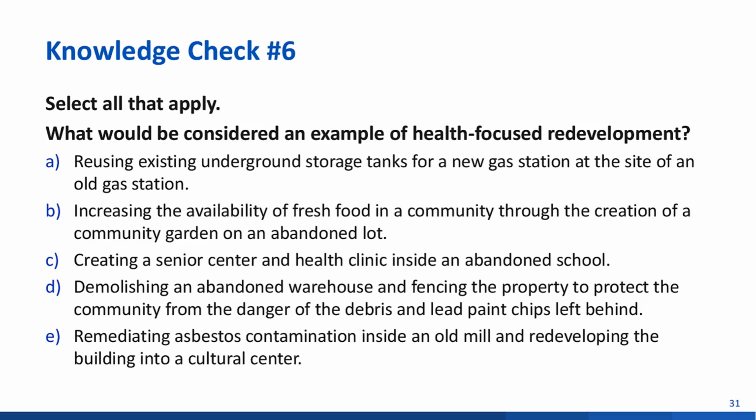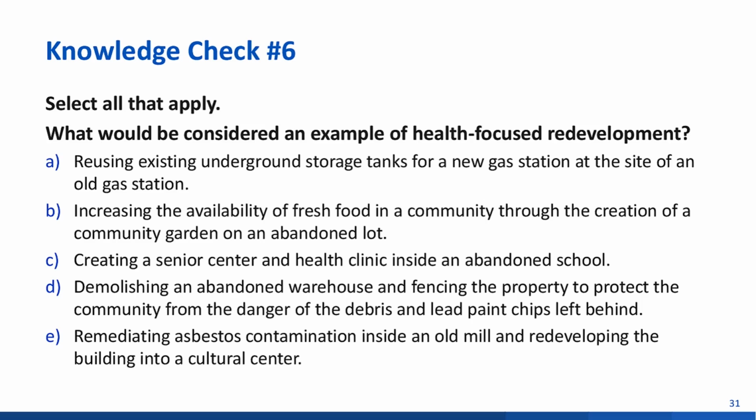Let's pause for 10 seconds for you to answer. The correct answers are B, C, and E. B is correct because increasing the availability of fresh food in a community through the creation of a community garden on an abandoned lot is a health field project.